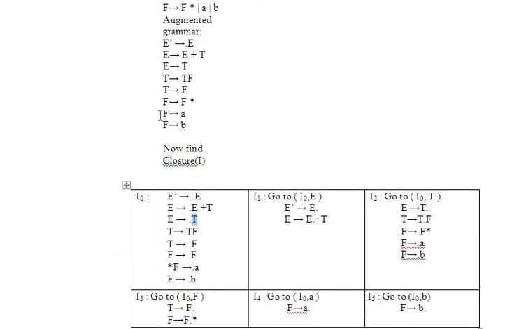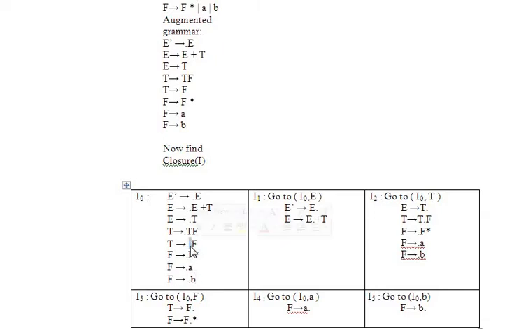It produces other productions like T gives T star F and T gives F. So write these productions and put dot before them. Now T gives dot F. F is a non-terminal which produces other productions. So consider those: F gives dot F star, F gives dot A, and F gives dot B.